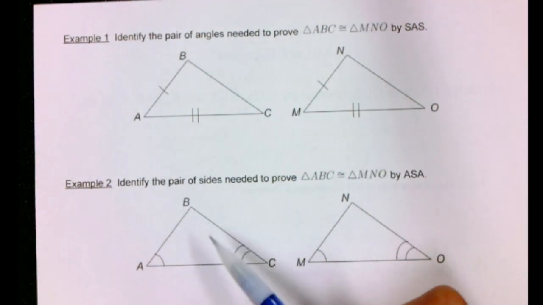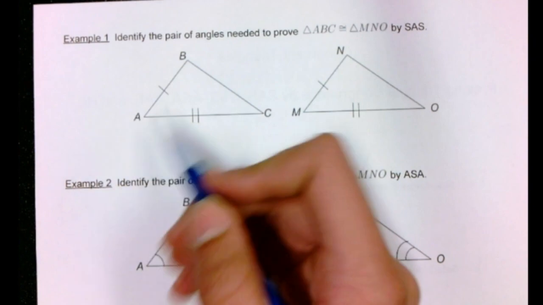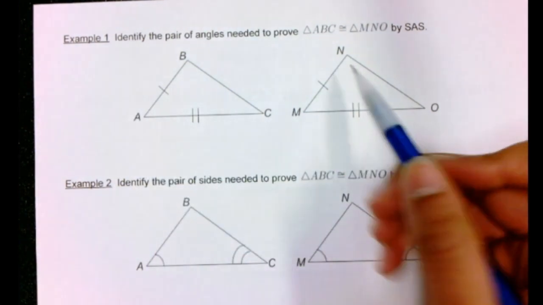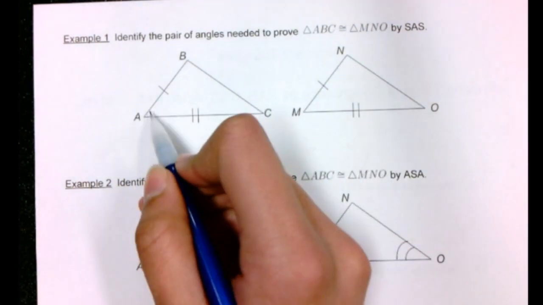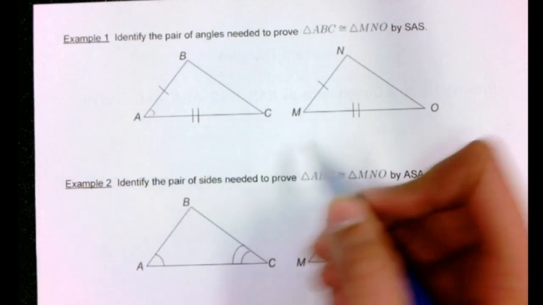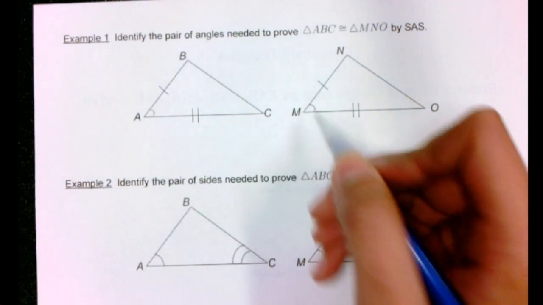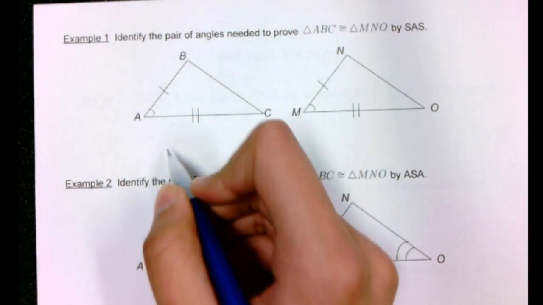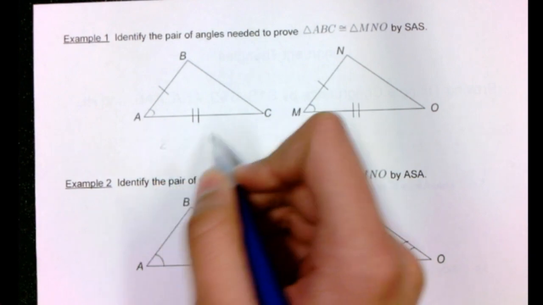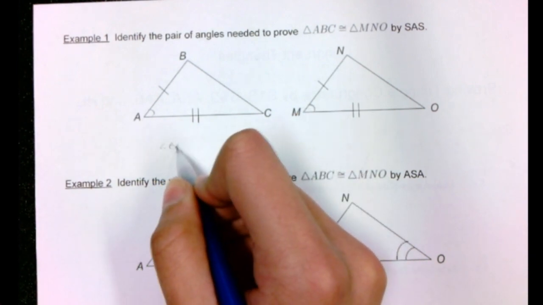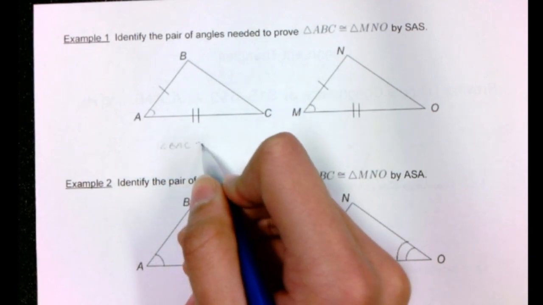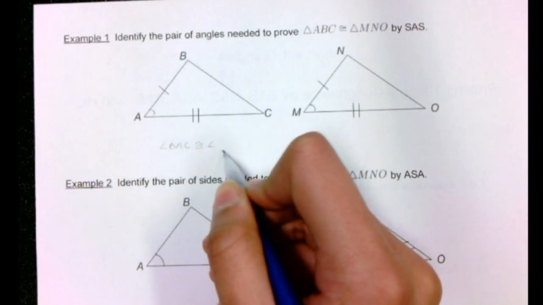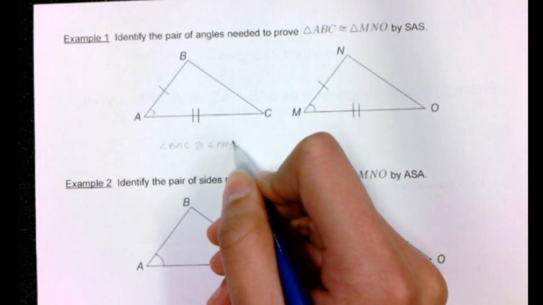The angle between these two sides are angle BAC and angle NMO, so these two angles are congruent. These are the two angles: angle BAC and angle NMO.